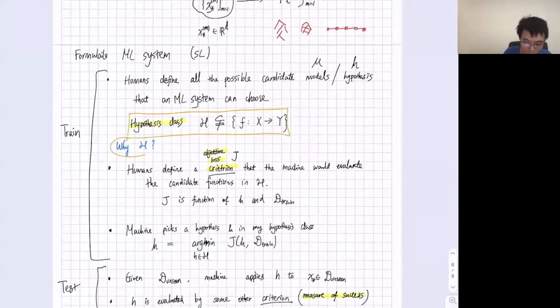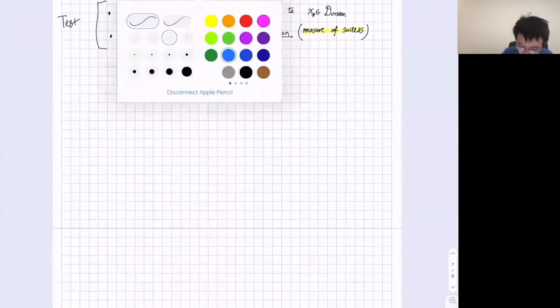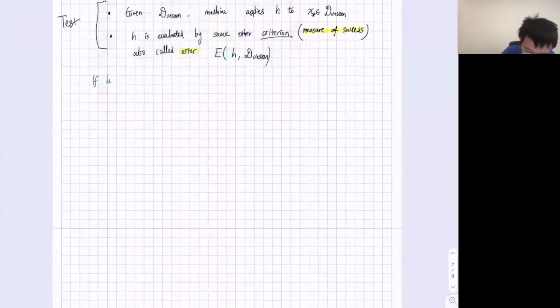So I left a question here. Why do we have to specify a hypothesis class? Is it possible that we don't state our preference and we let the machine learn by itself? So now my argument is, if humans have no preference, any function f that maps X input space to Y space, does this set exist?